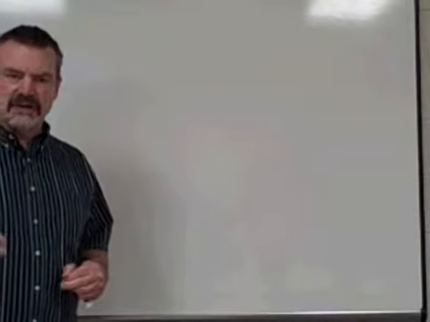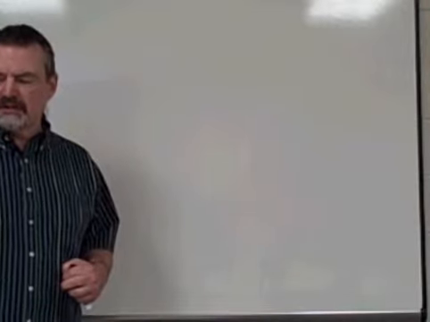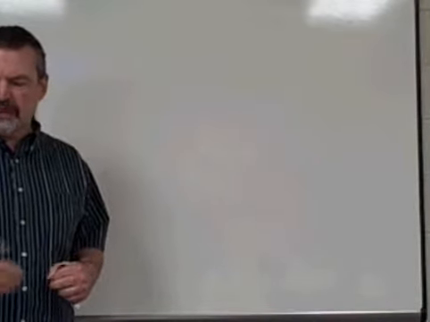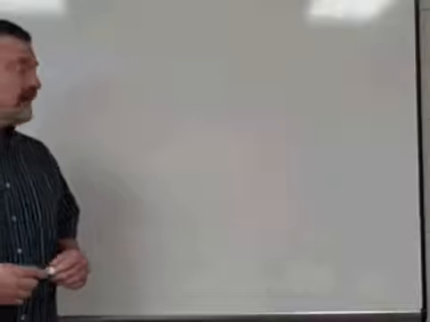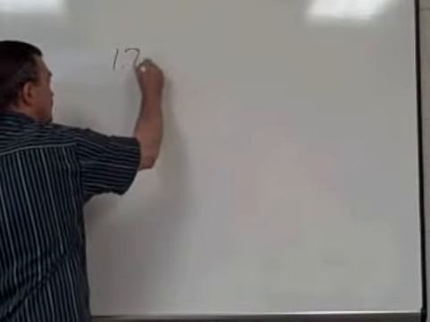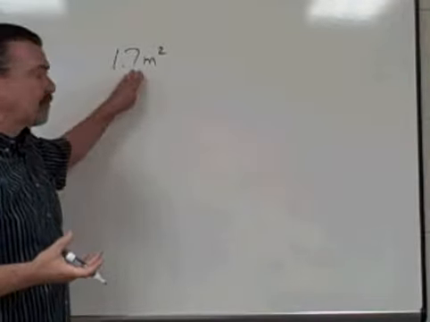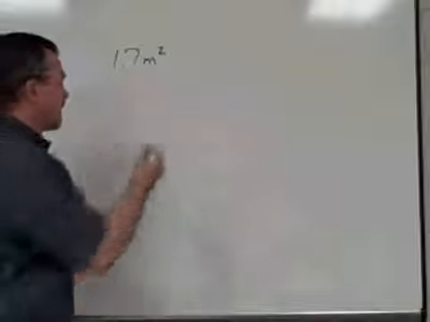So this particular drug is being administered at a rate of 100 milligrams per square meter of body surface area of the patient. So that's where we start. We start with the body surface area of the patient, 1.7 square meters.